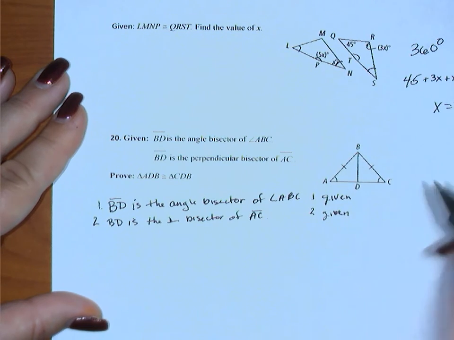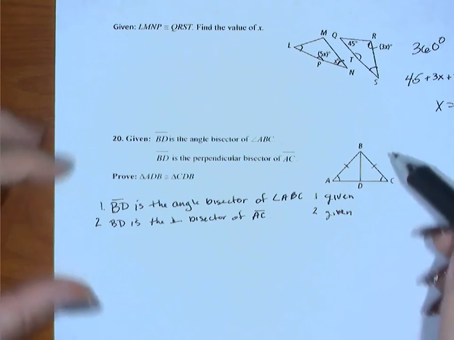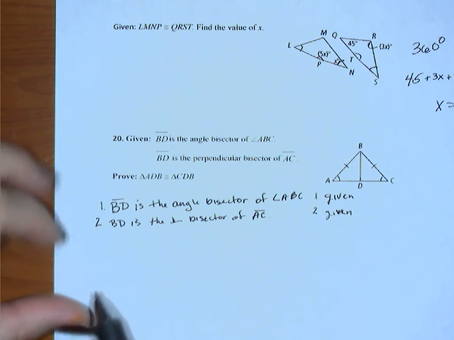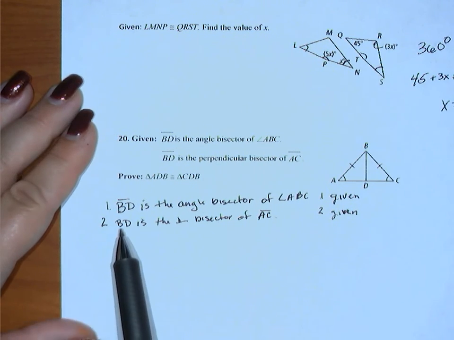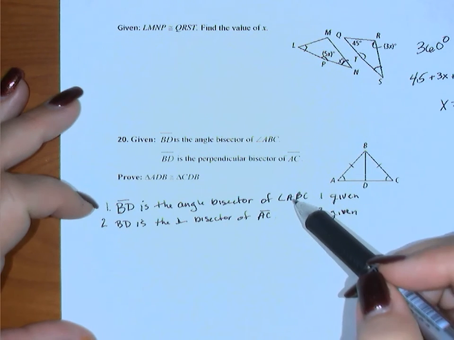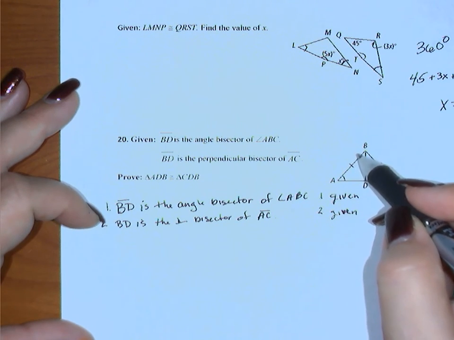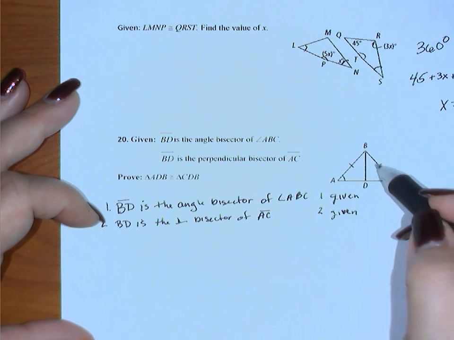Then my next step is going to be, okay, well, to prove that the triangles are congruent, I have to prove that all of the angles are congruent and all of the sides are congruent. So since I'm starting here with this bisector here, I'm going to start by noting all of the sides. I'm sorry, all of the angles. Let's do the angles first.